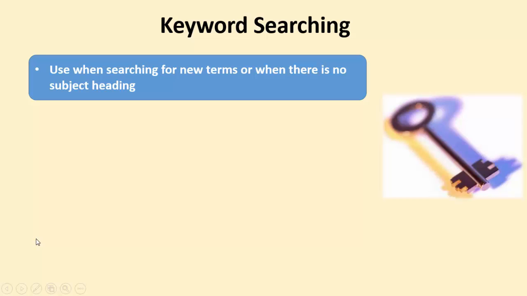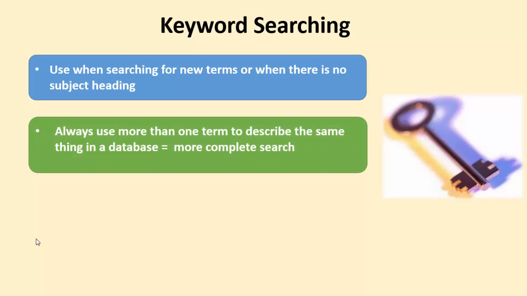In review, keep in mind that you're going to have to use keywords anytime that there is a new term or no subject heading for a particular topic that you're looking for. Also remember to use more than one term to describe the same thing in a database, because there's always more than one way to describe something, and therefore to ensure that you've done a more complete search, you're going to have to come up with alternative terms or synonyms for what you're looking for.